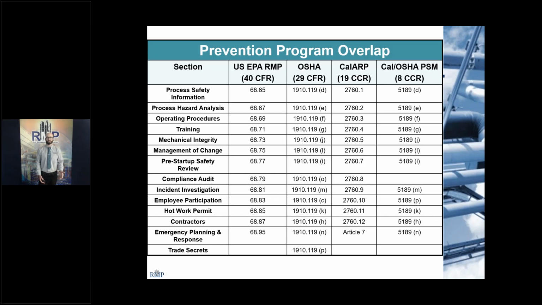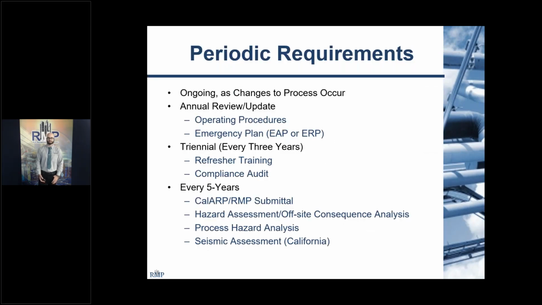And again, this is for Program 3 elements, so it's going to encompass your Program 2 and Program 1 elements, and it's a little more broad of an explanation. So for periodic requirements, it's necessary for any ongoing changes to your process that occur for you to update as quickly as possible.